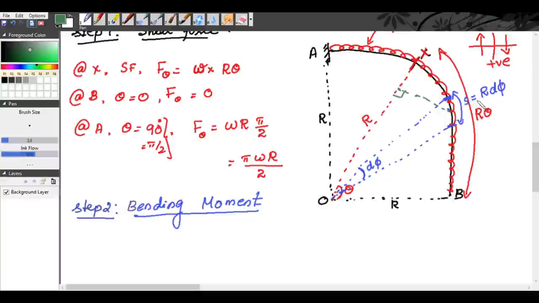This point is O, this point is D, this point is E, and this point is X. We will draw DE perpendicular to OX. So our bending moment will be equal to the load on this stripe multiplied by the perpendicular distance DE, and the twisting moment will be equal to the load on this stripe multiplied by the perpendicular distance EX.